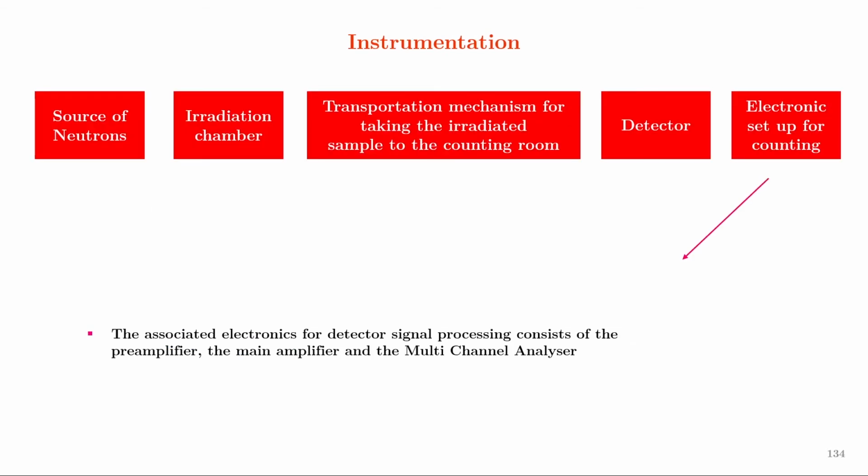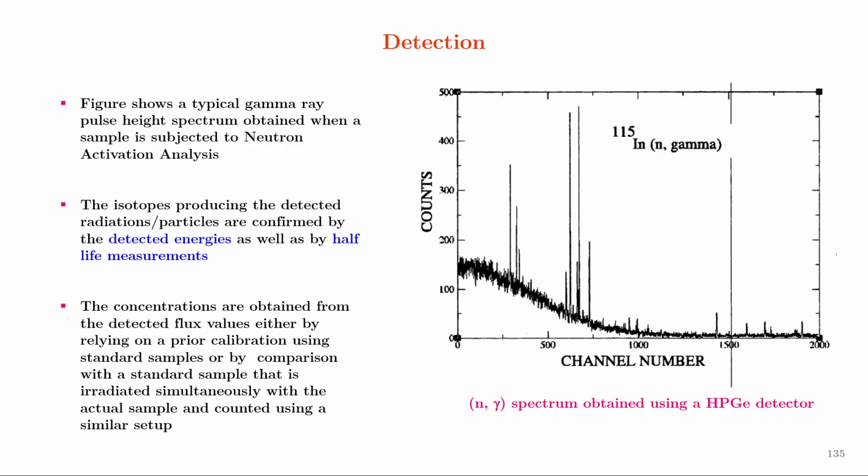The associated electronics for detector signal processing consists of the preamplifier, the main amplifier, and the multi-channel analyzer. This figure shows a typical gamma ray pulse height spectrum obtained when a sample is subjected to neutron activation analysis.